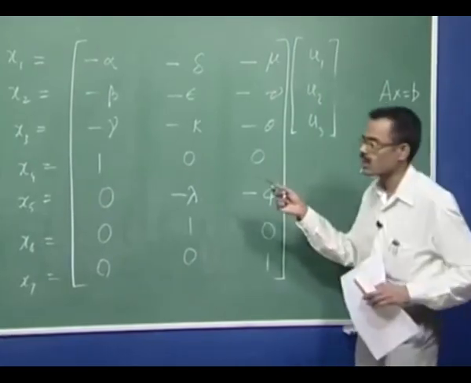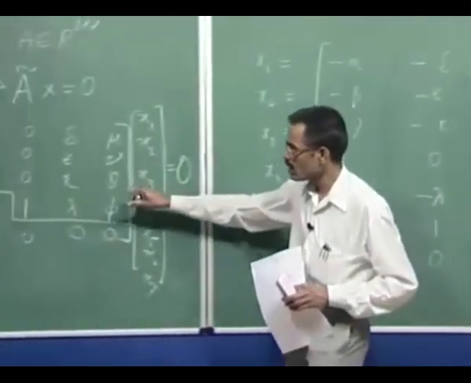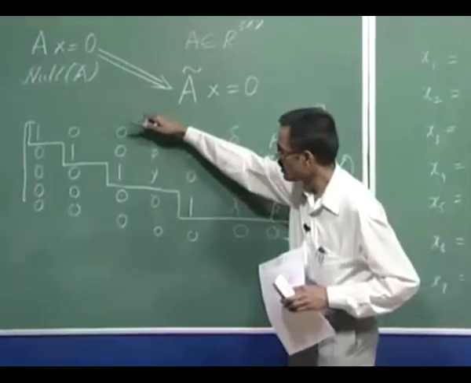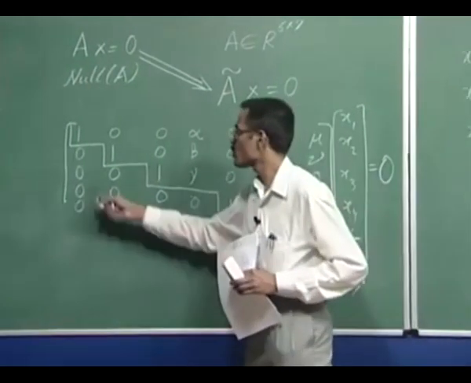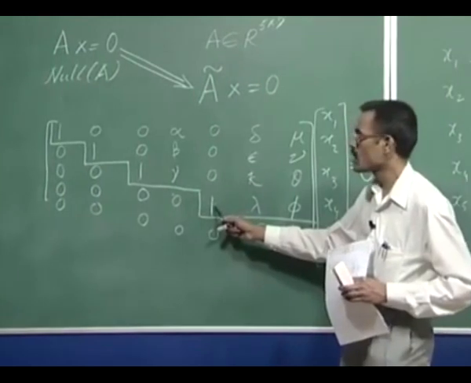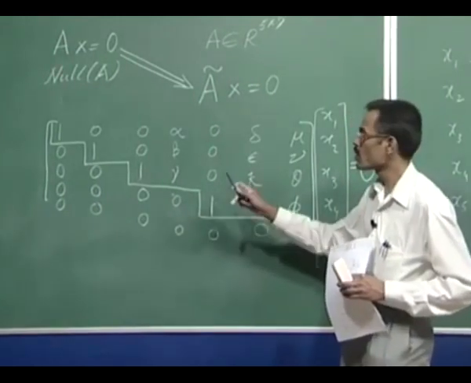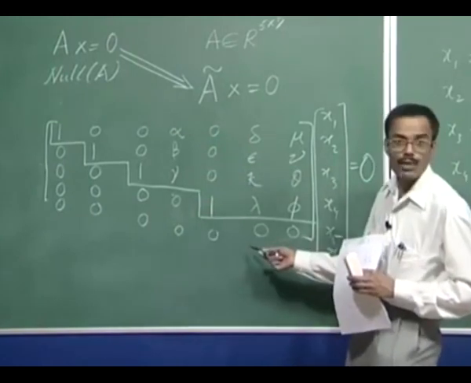This has 7 columns, and if rank is 4, that we can see here, that is after the reduction these 4 rows are linearly independent. In terms of columns, you can say first, second, third and fifth columns are linearly independent. So, 4 columns are linearly independent, or 4 rows, and not the fifth one.